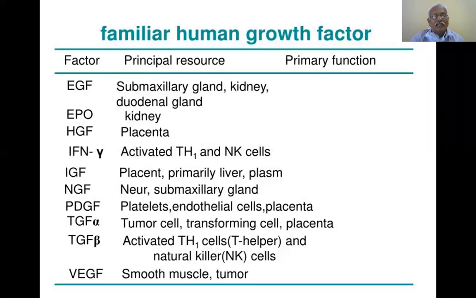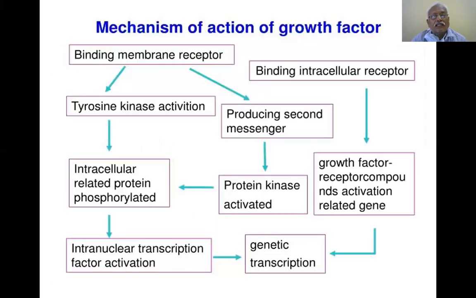IGF from placenta, primarily liver and the plasma, and then NGF from neuronal cells and submaxillary glands, PDGF from platelets and endothelial cells and placenta, tumor cells, TGF alpha and TGF beta. TGF alpha from tumor cells, transforming cells, placenta. TGF beta from activated TH1 cells, T helper cells, and the natural killer cells, NK cells. VEGF from smooth muscle, tumor cells, endothelial cells.